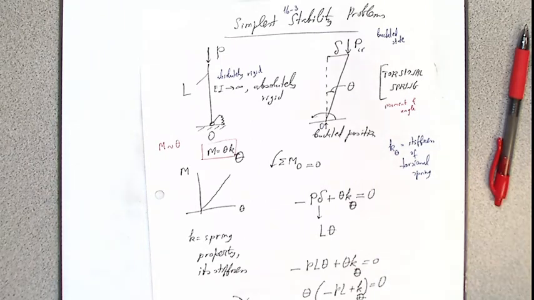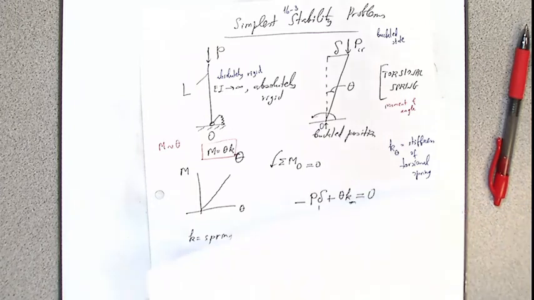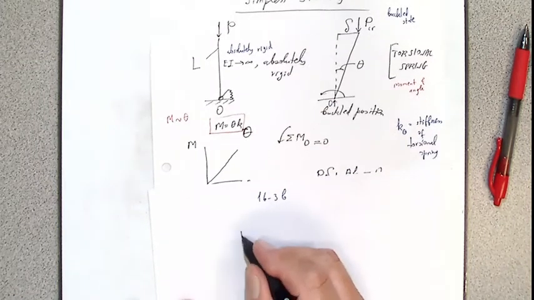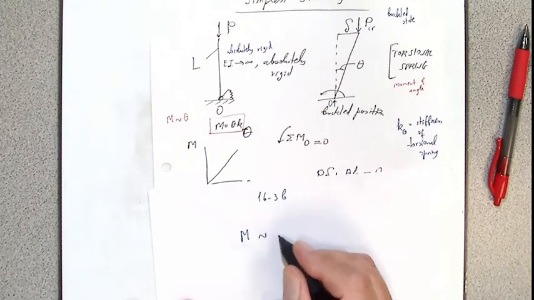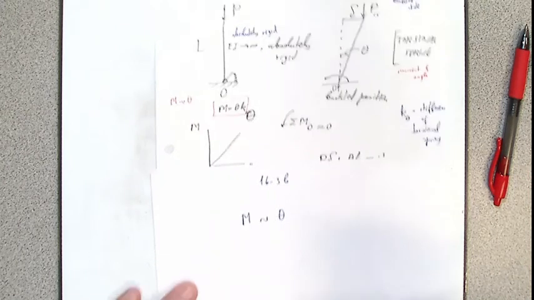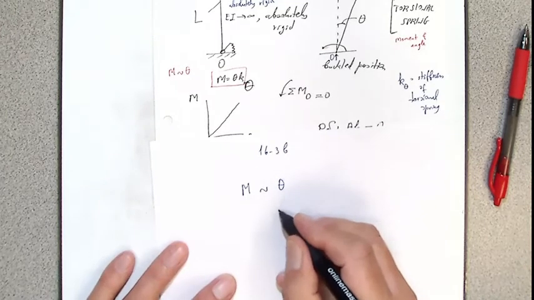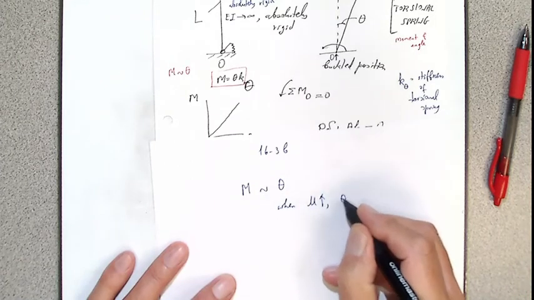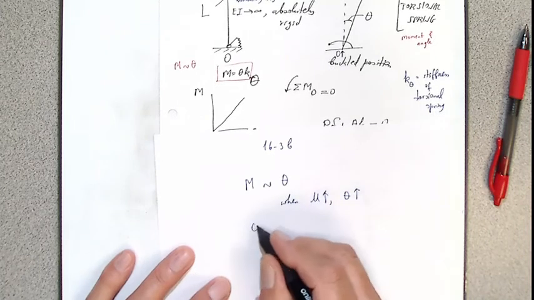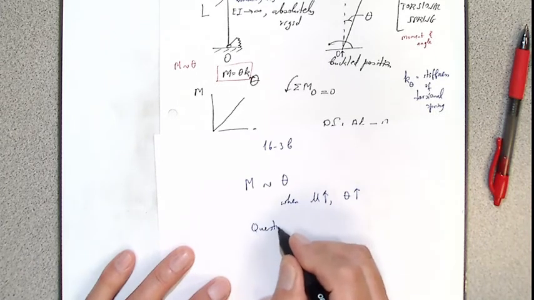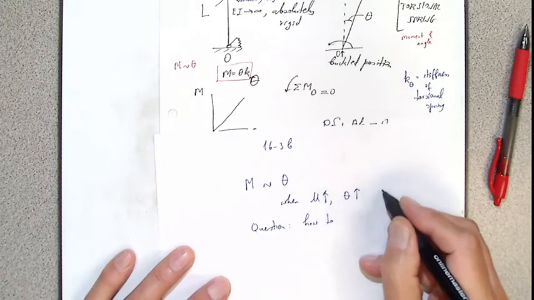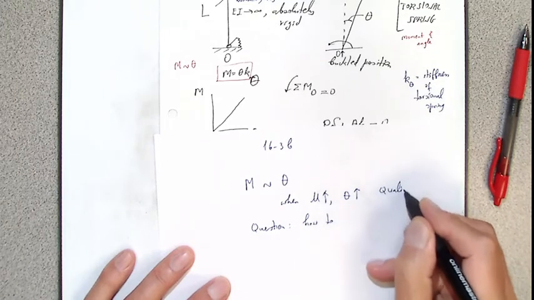So what happens is as follows. Look, please. We said, 16.3b, moment is proportional to theta. Okay? Now, that means that when moment is increasing, theta is increasing. Question: how to get equality? So this is a qualitative description.